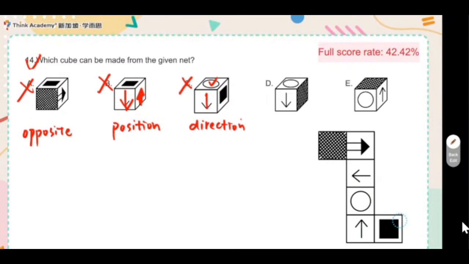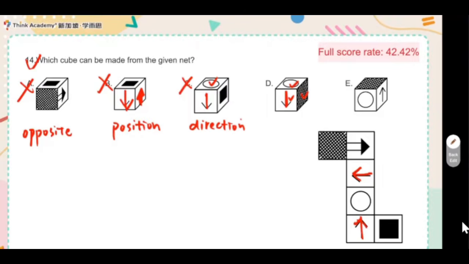Then let's see option D. This time we also have the circle, the arrow, and the shaded part. This is the circle, and for the arrow, the line is towards the circle. Do we have an arrow whose line is towards the circle? No, we don't.